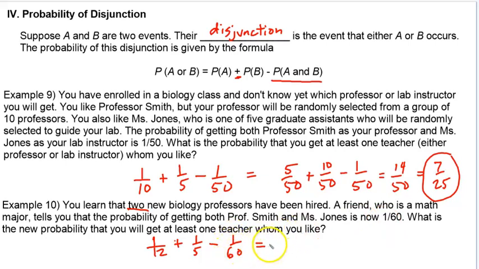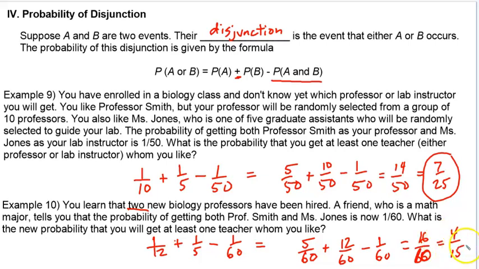Okay, so again, common denominator, 1/12 is 5/60, 1/5 is 12/60, and then we subtract off the 1/60. So 17 minus 1 is 16/60. And then we reduce and we get 4/15.